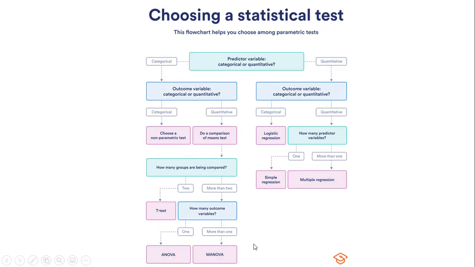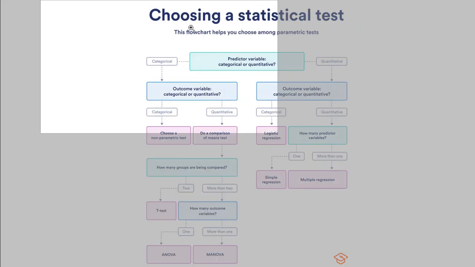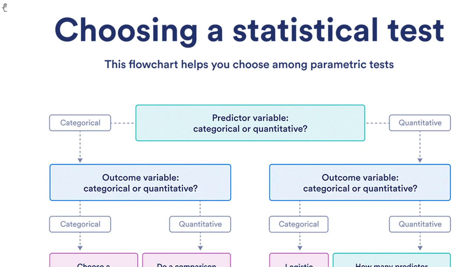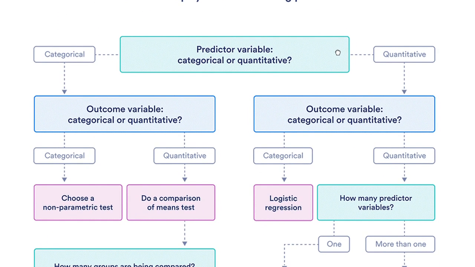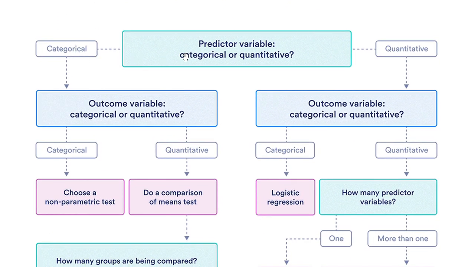Further, to arrive at a decision, we should follow this particular decision making table. Let's see this. Choosing a statistical test. First of all, you have to make a decision: is the predictor variable categorical or quantitative? What is this predictor variable?